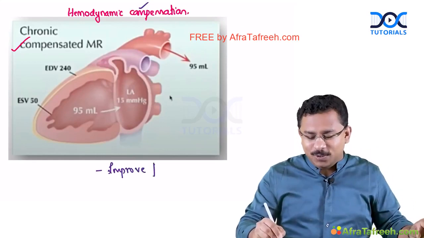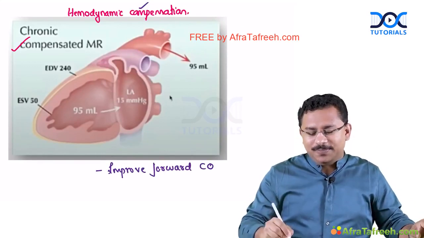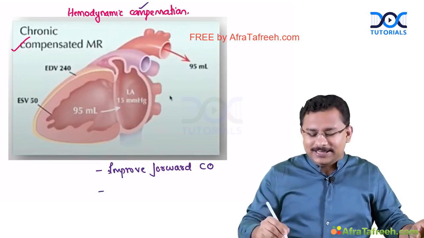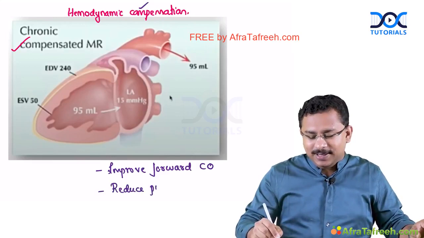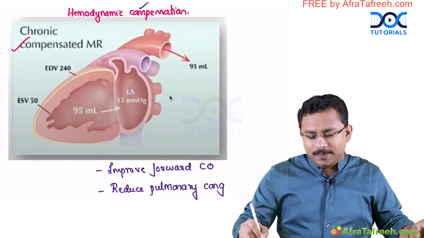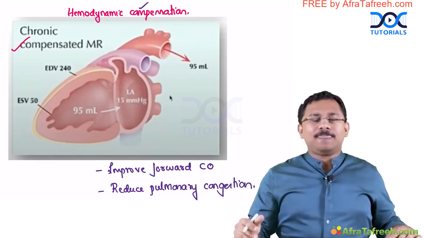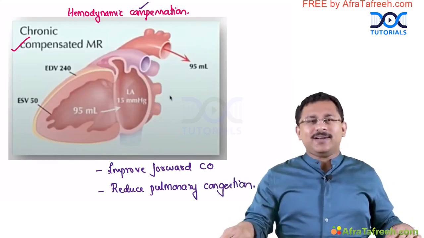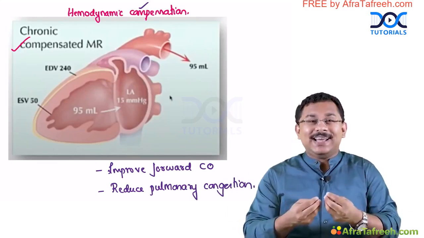And the second goal is to reduce, or to avoid, the pulmonary congestion. So this is the goal. Now, in case of a chronic compensated MR, how does the compensation happen?